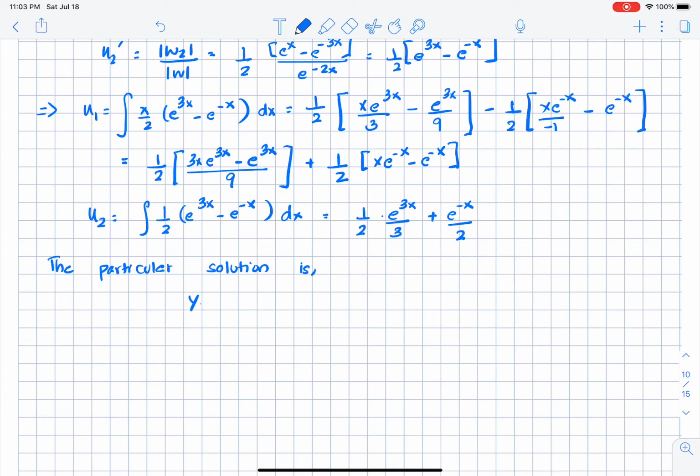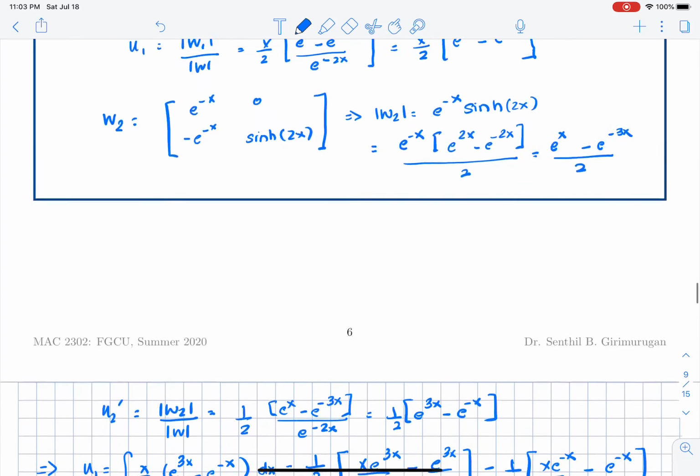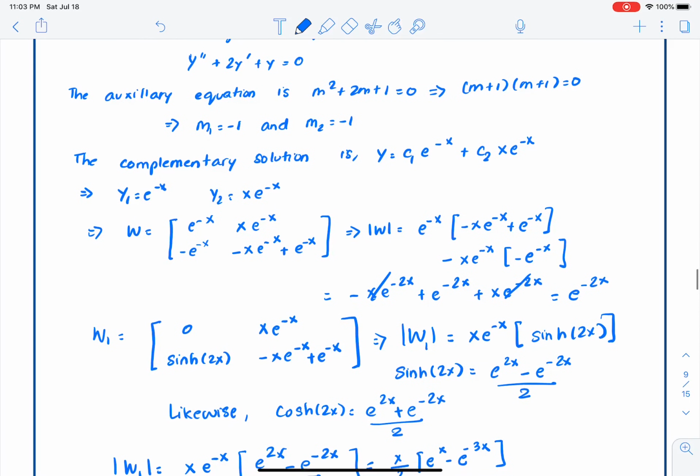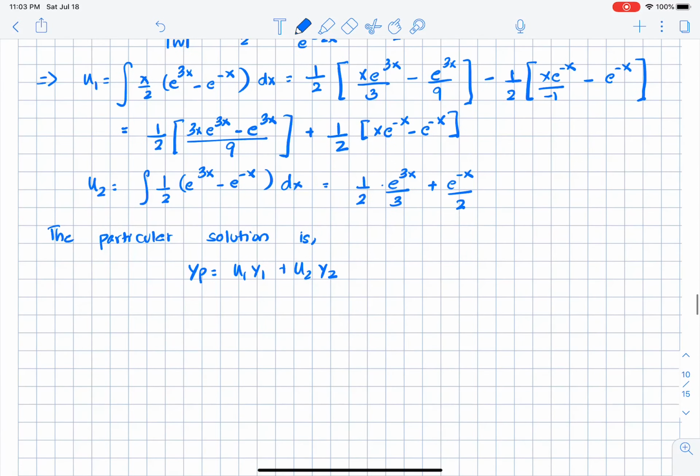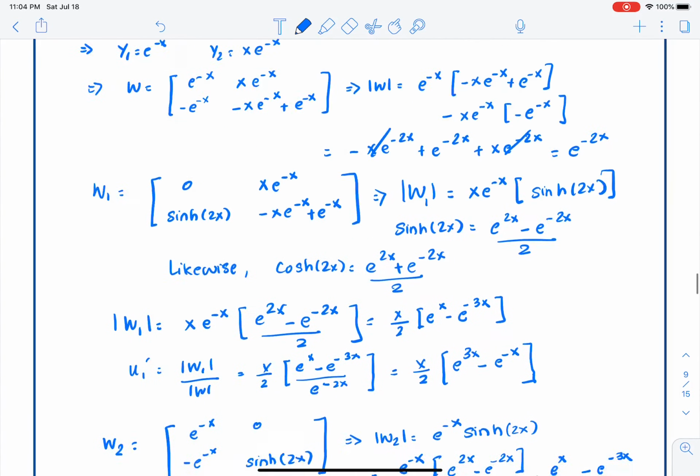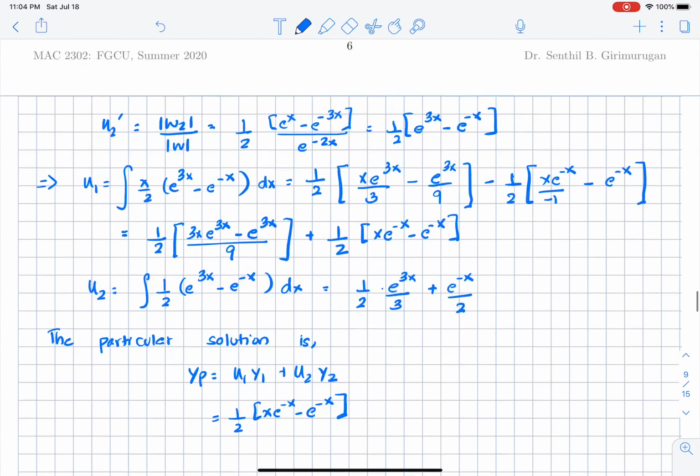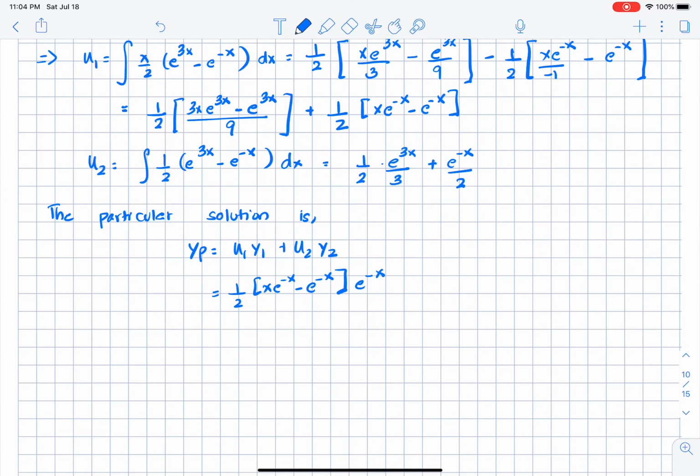is yp equals u1 y1 plus u2 y2. And we know what y1 and y2 are, so we have 1/2 x e^(-x) minus e^(-x) multiplied by e^(-x), and 1/2 x e^(-x) minus e^(-x). Oh, sorry, forgot the first term.